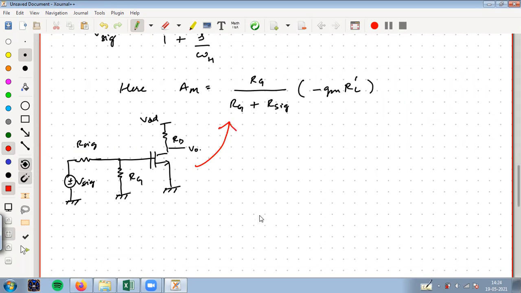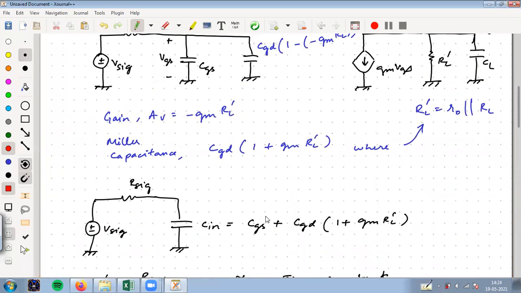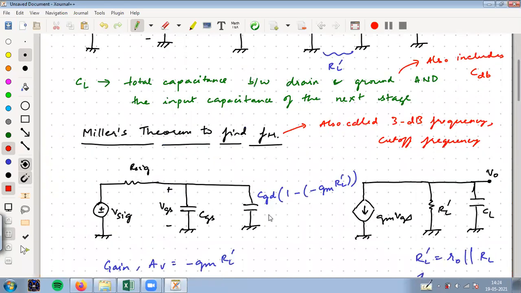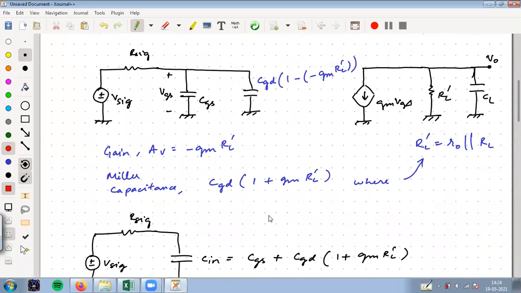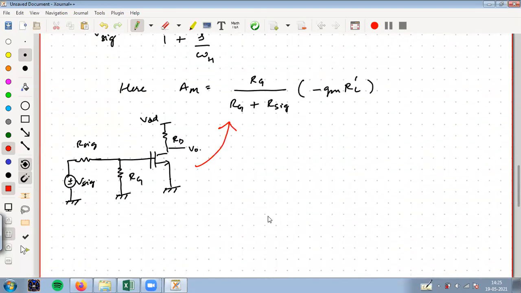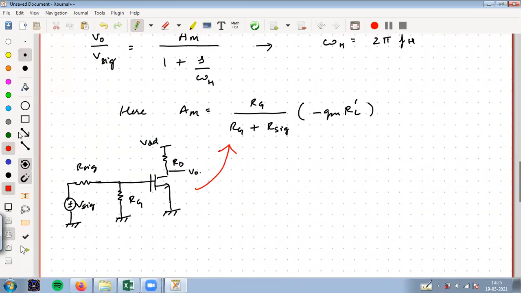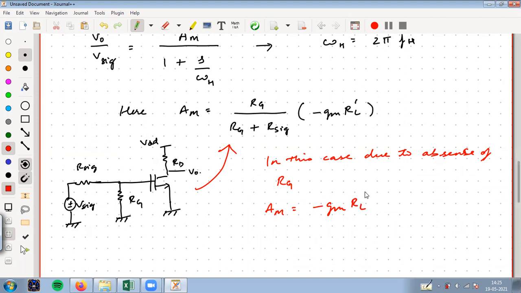But in our original circuit which we drew earlier, we didn't have any RG, so RG was practically not there. So in this case, due to absence of RG, AM here will be simply minus GM into RL.